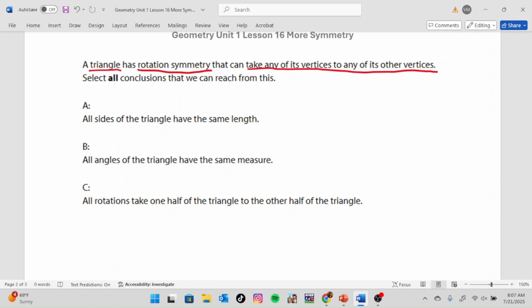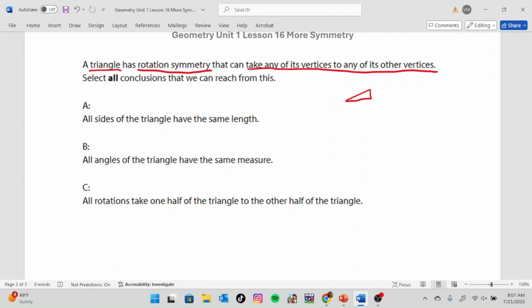So, think about what type of triangle this needs to be. If I tried an acute triangle, my sides are not the same and my angles are not the same.